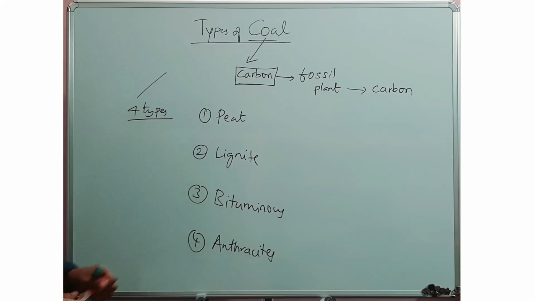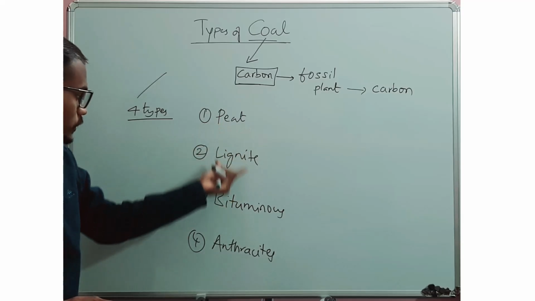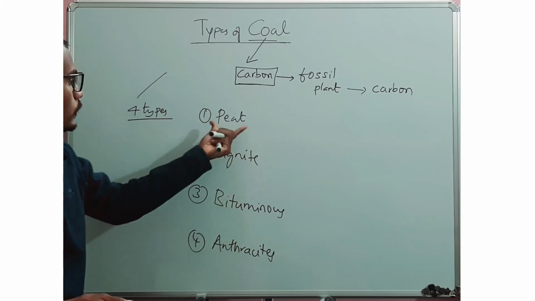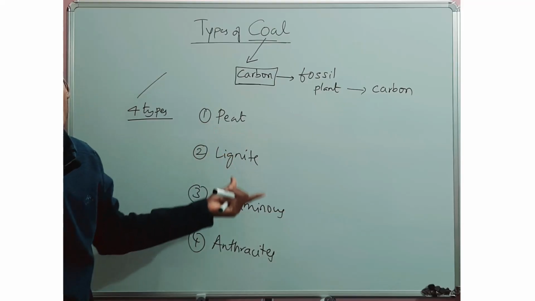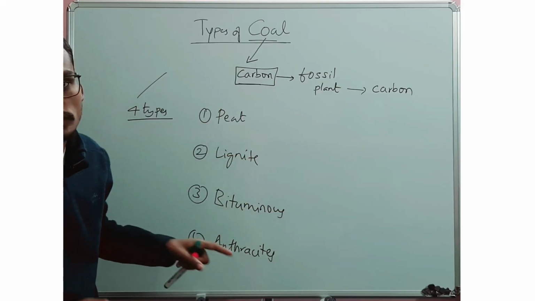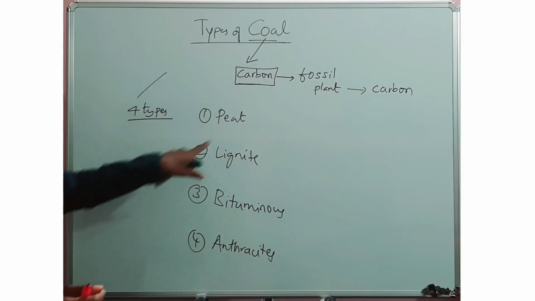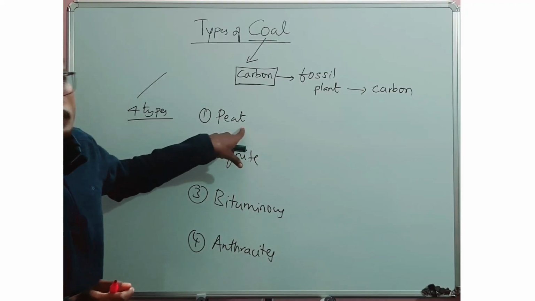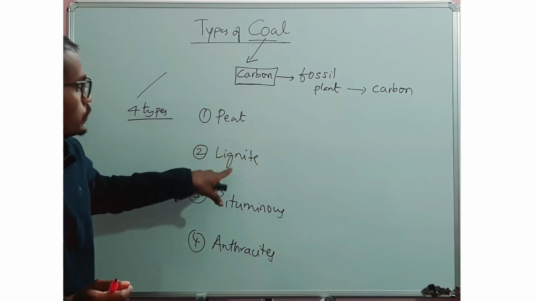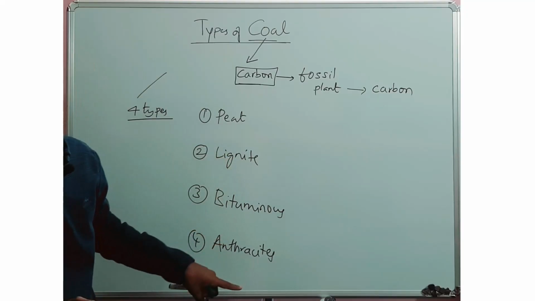One more interesting thing is that the order in which I wrote these also gives the stages of formation of the coal. Peat is the first stage of formation of the coal, the next stage is lignite, then the next stage is bituminous, and the last one is anthracite.